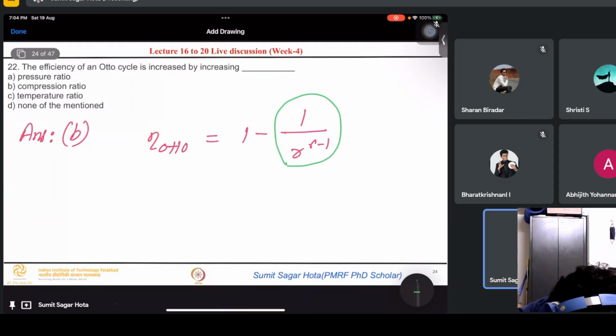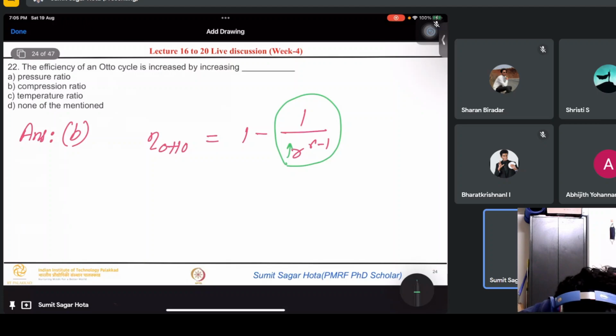If you don't know whether something increases or decreases, let's try with increasing first, then go for decreasing. Let's increase the r. If r increases, what will this whole quantity do? This whole quantity will be less than 1, yes or no?